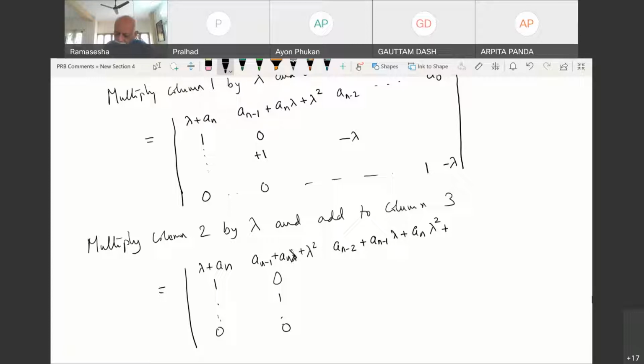Because I'm multiplying this one by that, so I'll get lambda cubed plus an lambda squared plus an minus 1 lambda plus an minus 2, and then I'll get a 0 here, then a minus 1 and all the way to 0, and I have a minus 1 lambda. Is that clear? Look at it a little more carefully.